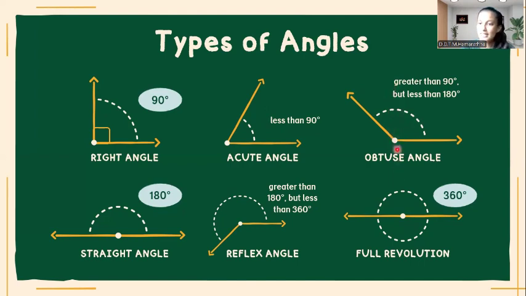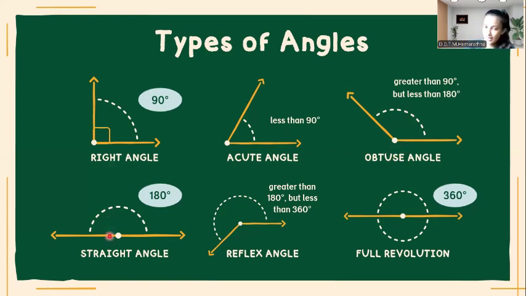So it is greater than 90 degrees, but less than 180 degrees. You all know that the straight angle has a magnitude of 180 degrees. So this angle is less than 180 and greater than 90 degrees. Such an angle we call an obtuse angle.